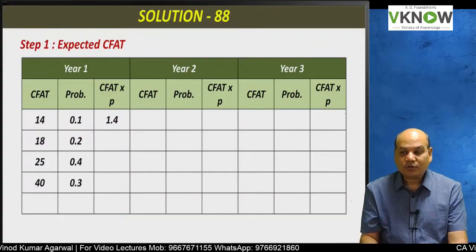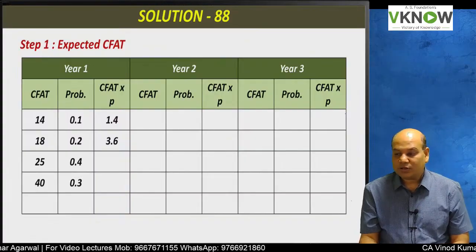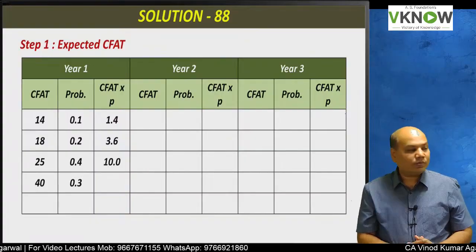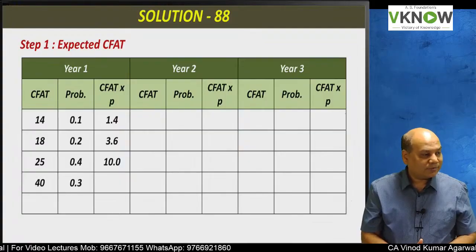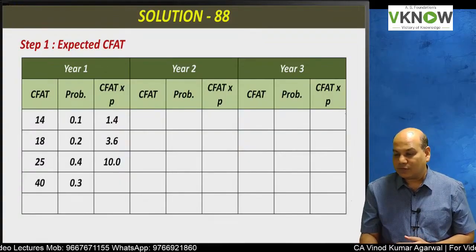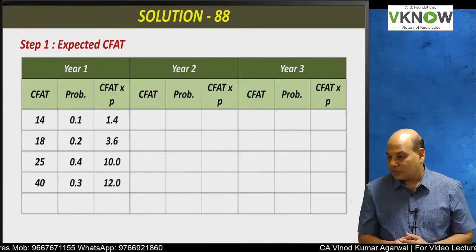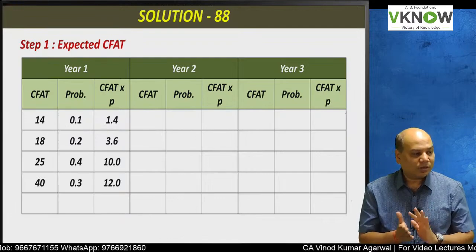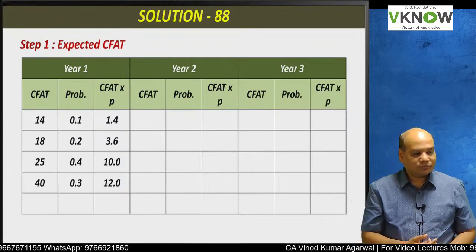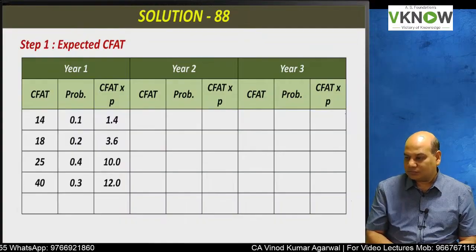First one, is it 1.4? Second, 3.6, check. If it is wrong, please inform me. 10, is it 10? Fourth cash flow after tax, 12. Please give me the total. Come on, total. Total of year 1.